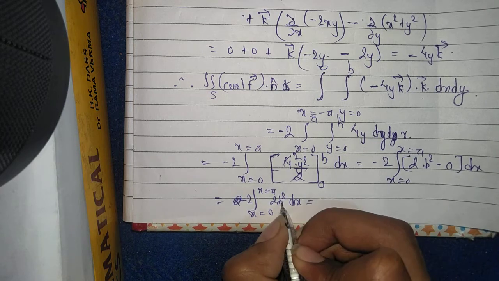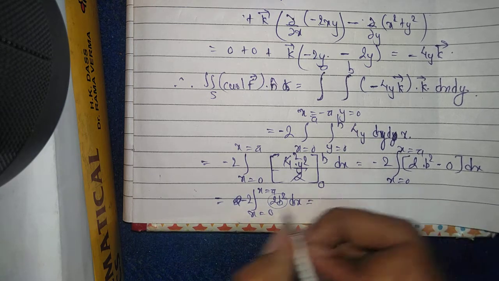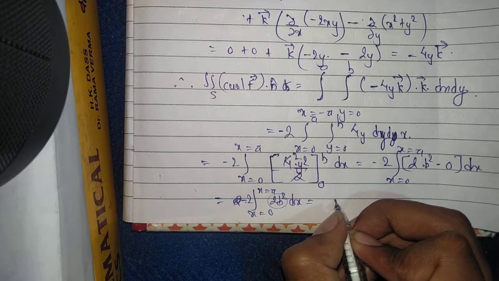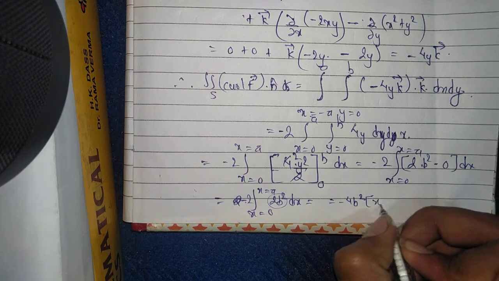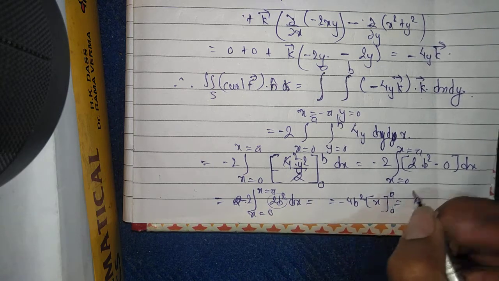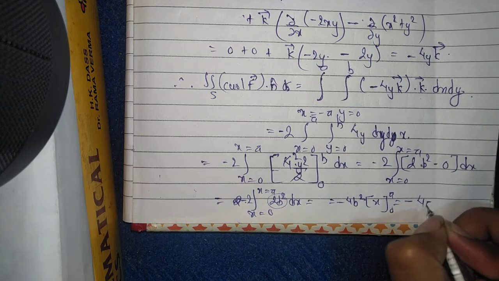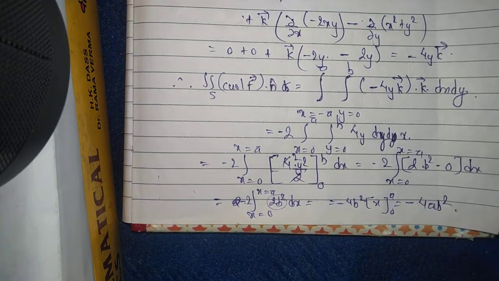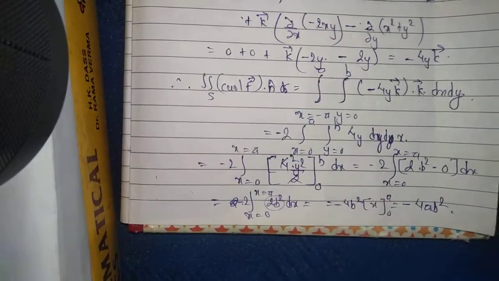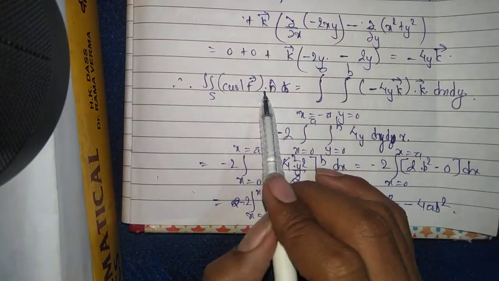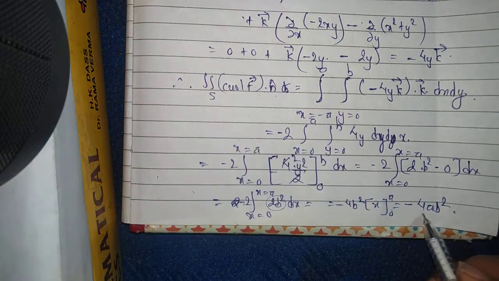Now taking 2b square outside, minus 2 into 2b square gives minus 4b square, and the integration of dx is x from 0 to a, which equals minus 4ab square. So this is the value of the surface integral of curl f vector dot n cap ds, so from the RHS we get the value minus 4ab square.